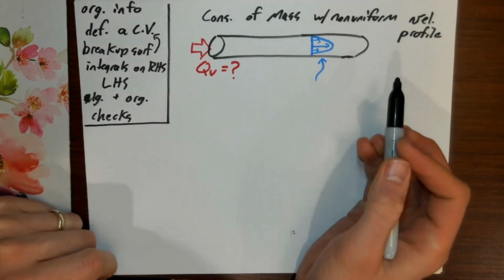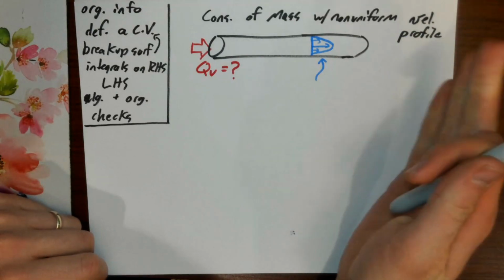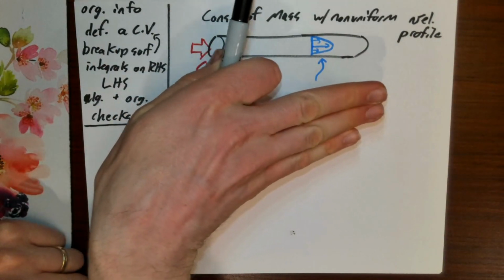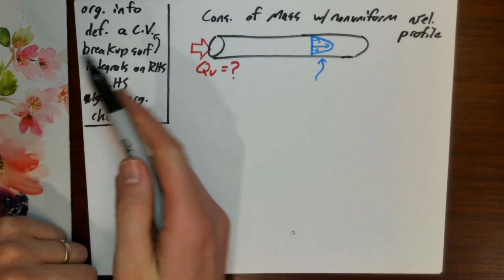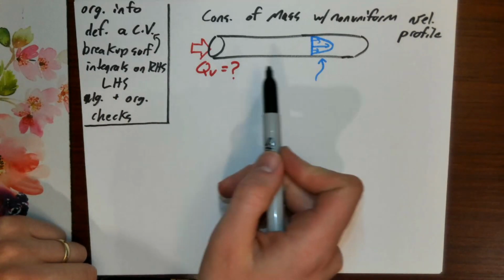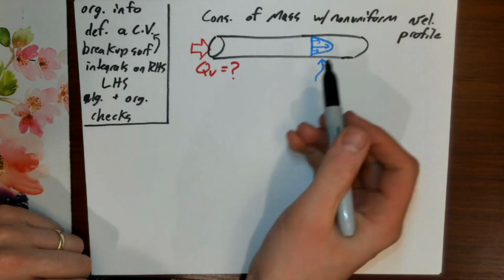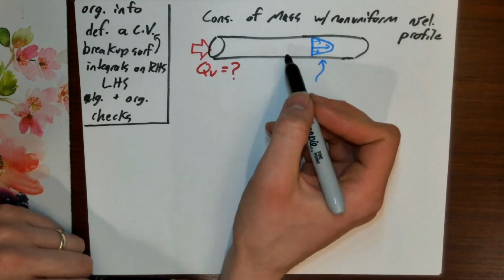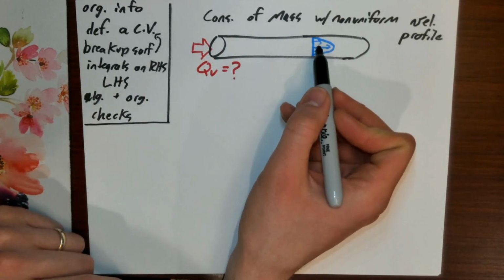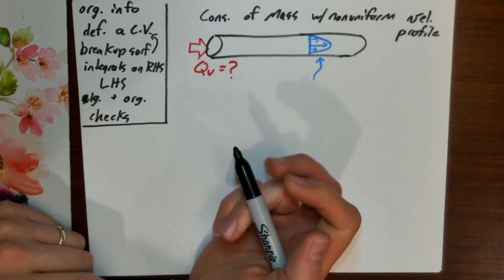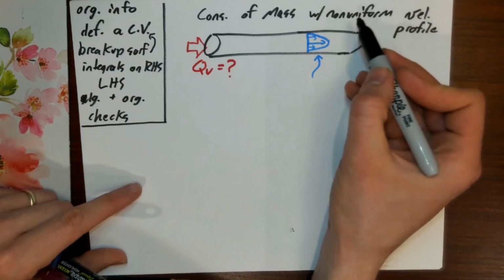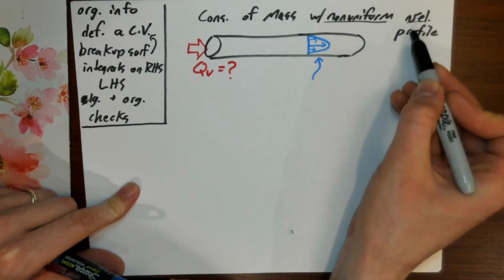In the previous example problems, we had velocity basically being uniform, or we were just dealing with straight up volumetric flow rates and we didn't care about the details of the velocity profile. For this problem, we're trying to get a relationship between a particular velocity profile and a volumetric flow rate, so we're going to need to deal with non-uniform velocity profiles.